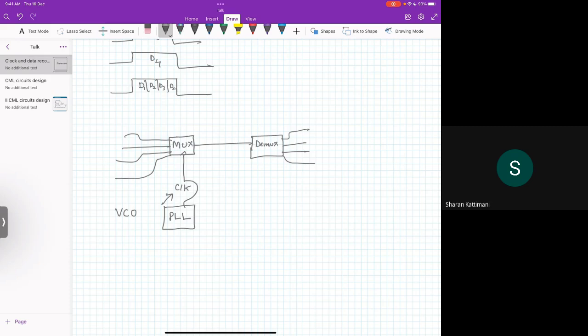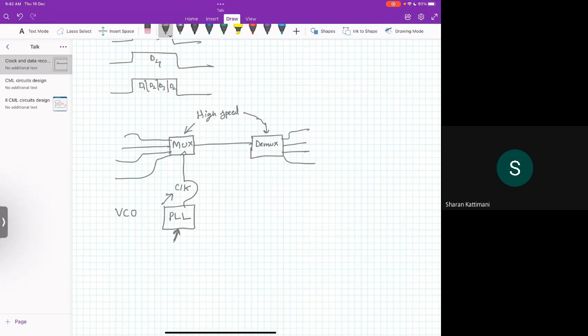So this is the first challenge, that we need to design a good PLL, so that you can provide a clean clock to the block, and this mux and demux should be high speed. Okay, so they both should operate at a 10 gigabit per second data rate, even if the data is 2.5 gigabit per second. So this is the first challenge.